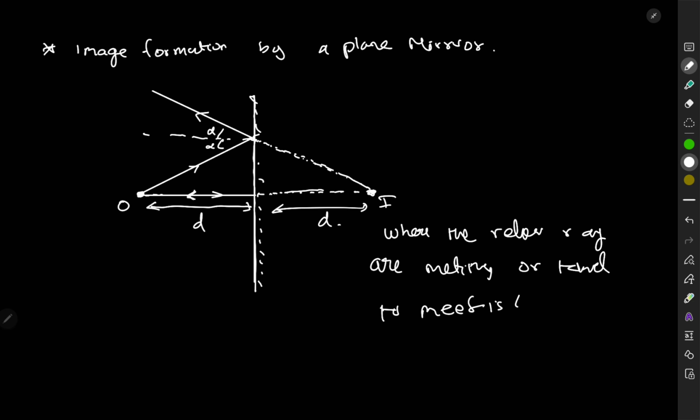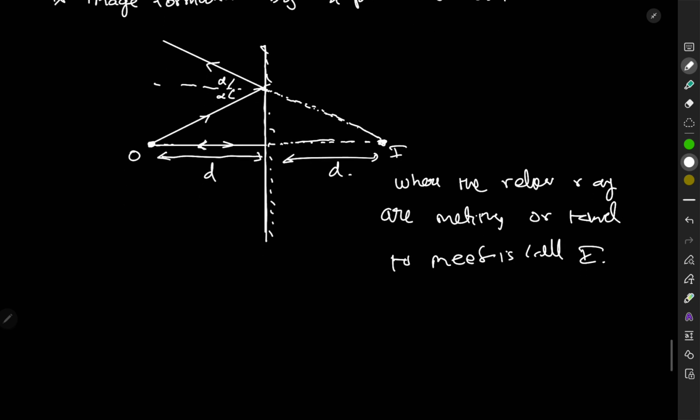Understand the point: the image is a point where the rays meet or tend to meet. A real image is when they actually meet. A virtual image is when they only tend to meet.